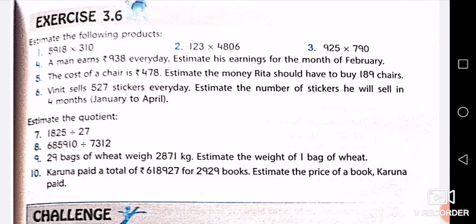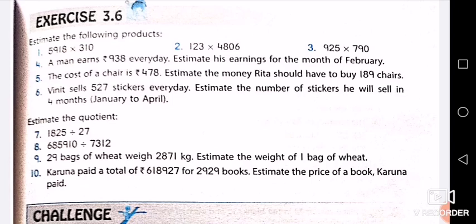Now estimate the quotient. You have been given the number 1825 divided by 27. Now you have to round it off to its greatest place value or up to 100. See, in this question we will round 1825 off to the 100 place only instead of rounding it off to the 1000 place.